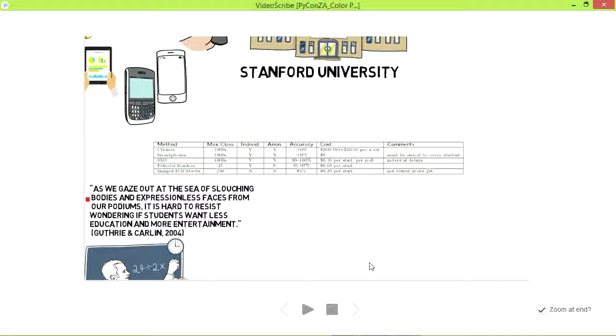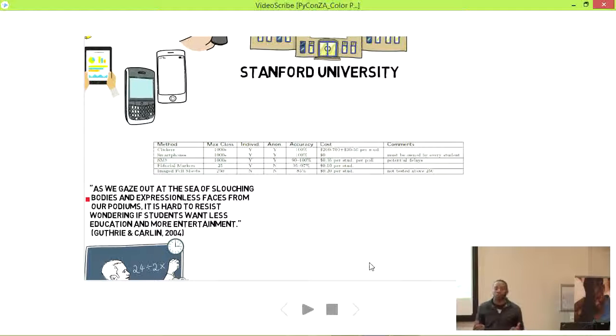When you look at the maximum class levels, for clickers, smartphones, SMSs, it's generally 1,000 plus. As long as someone has a smartphone, a clicker, or can use SMSs, they can send what they want. Now, with computer vision, your scope is really limited.